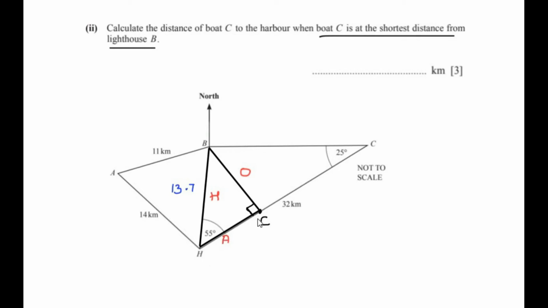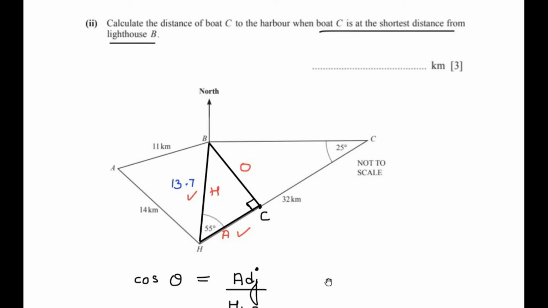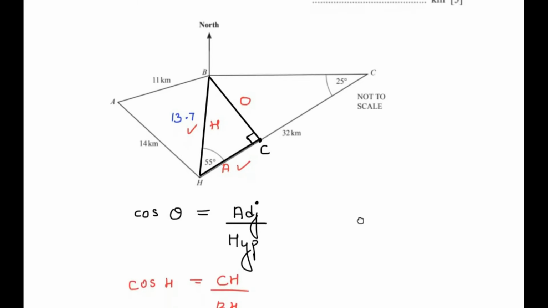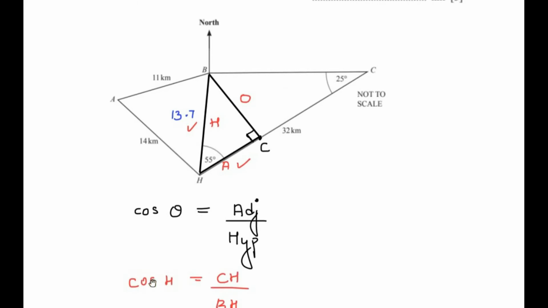Now here, since we need to find out CH, we are going to consider the adjacent side and we have the value of the hypotenuse. So we are going to make use of the cosine trigonometric ratio, which is, in general, cos theta is given as adjacent side over the hypotenuse. In this case, our theta is our angle H. So cos H is equal to adjacent side is CH and the hypotenuse is BH.